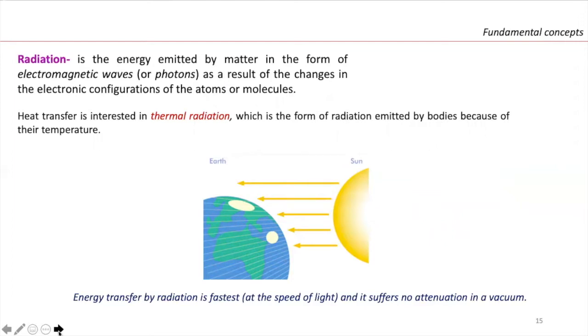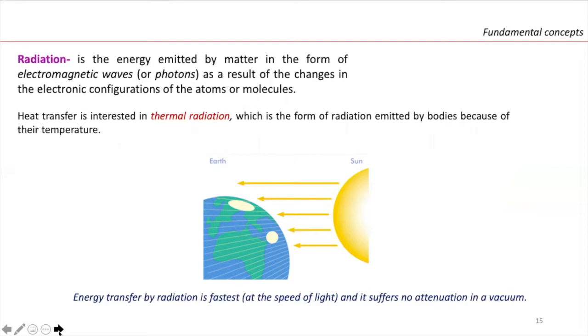In heat transfer, we are interested in thermal radiation, that is the radiation emitted by a body because of its high temperature. That's the type of radiation that we are going to be interested in this course.